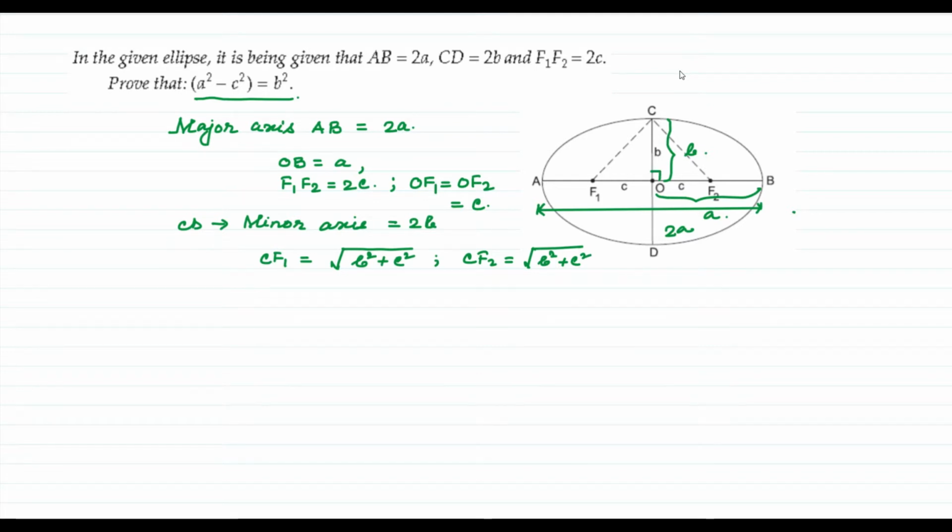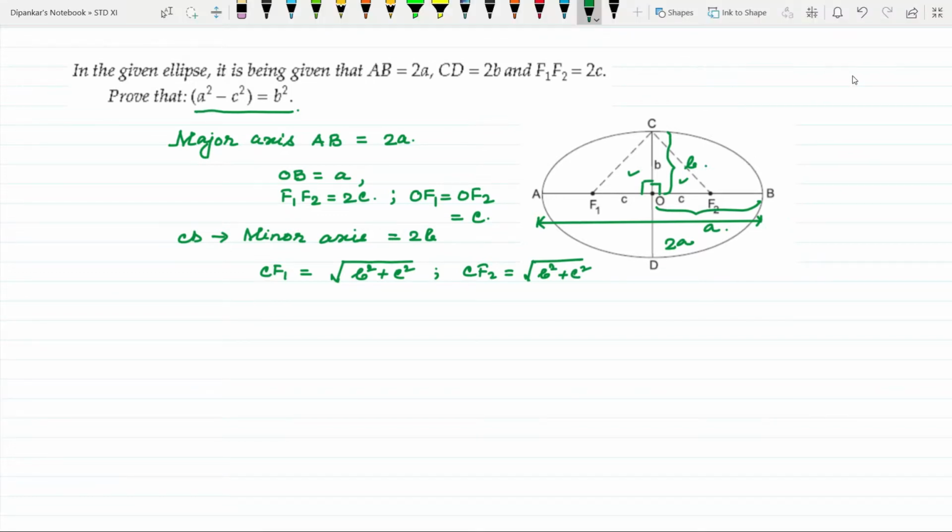Because this angle is 90 degrees and these are right angle triangles, we can easily find out the length of CF1 and CF2. Since B and C, these 2 points, lie on the ellipse, the sum of the distances of the points from the foci F1 and F2 must be constant.